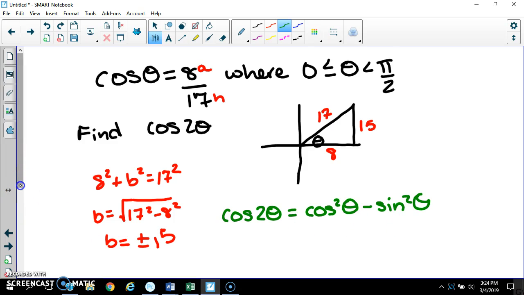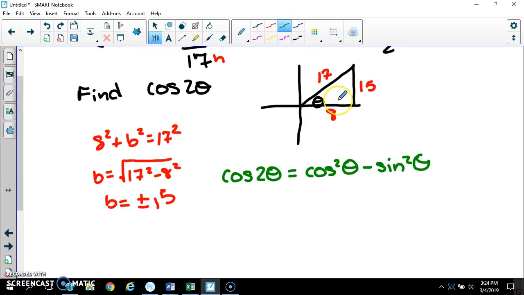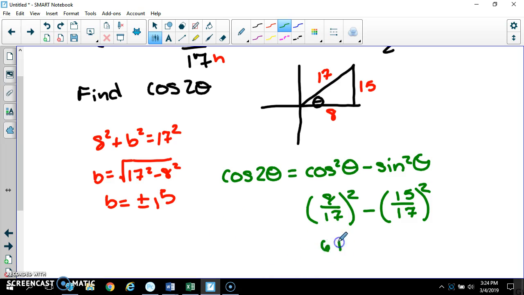So right here, cosine is 8 over 17, so I go 8 over 17 squared minus sine squared, 15 over 17 squared. Okay, so 8 squared is going to get me 64. 17 squared is going to get me 289. 15 squared is 225, and again 17 squared is 289.